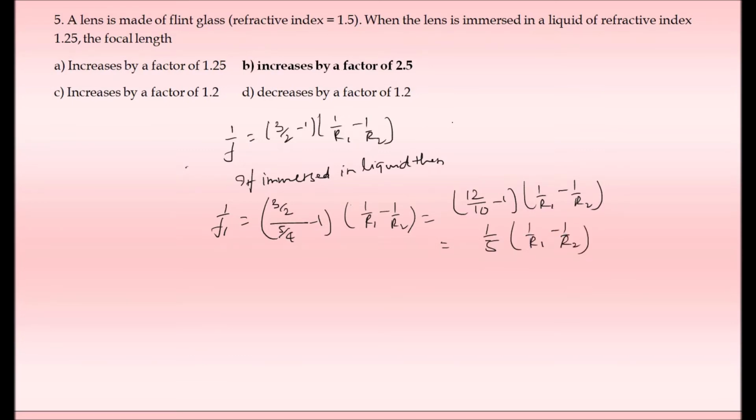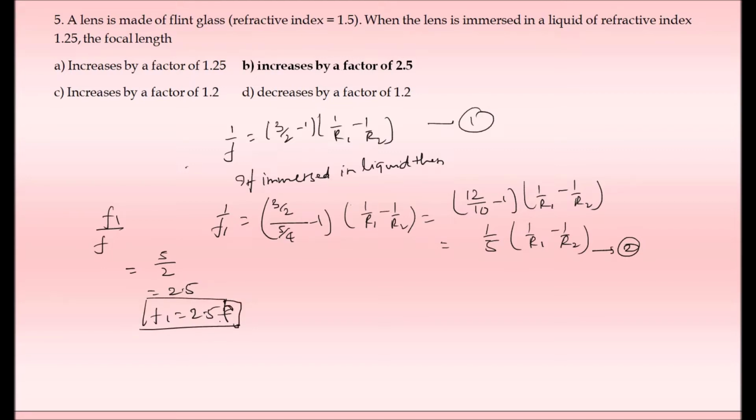Now if we divide equation 1 and 2, then we get the ratio, and dividing it we get f1 by f is equal to 5 by 2, that is equal to 2.5. So f1 is equal to 2.5f. So clearly the focal length of a lens increases by a factor of 2.5.